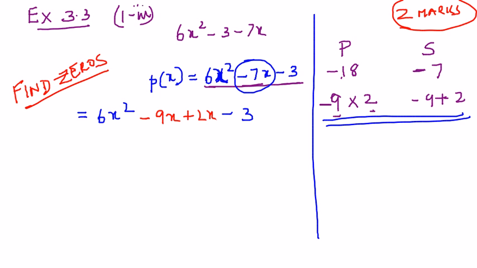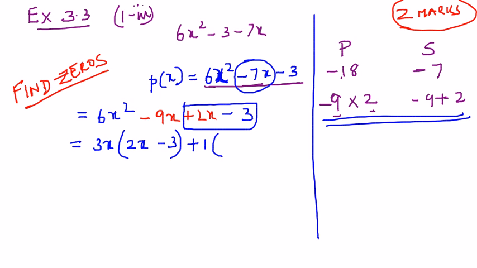So now in this equation I am going to take 3x common, so this becomes 2x minus 3, right? And in the second term I just take a plus 1 outside so that it becomes 2x minus 3. Always remember, in the sum and product method, when you find the values, within the brackets you will get the same components, right? So this becomes 3x plus 1 into 2x minus 3.